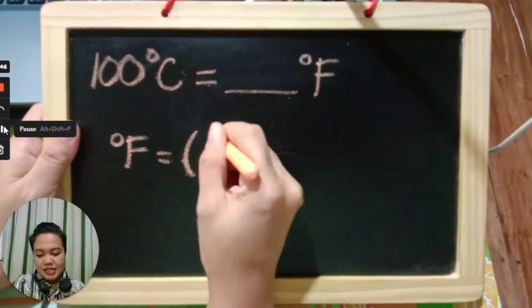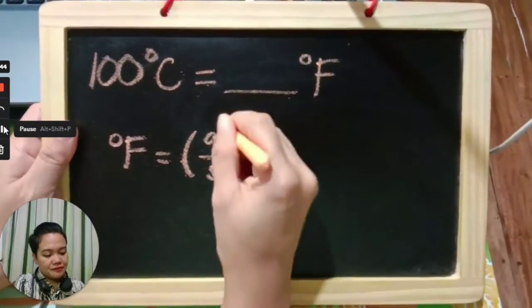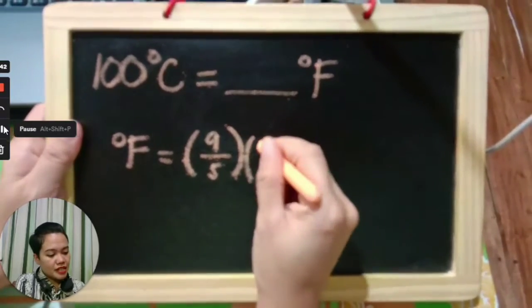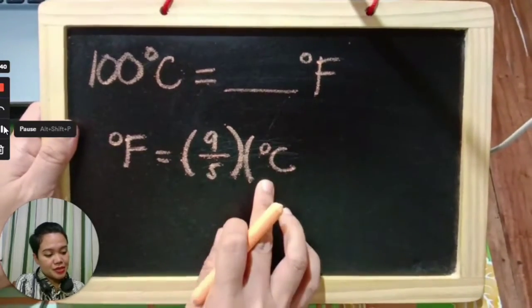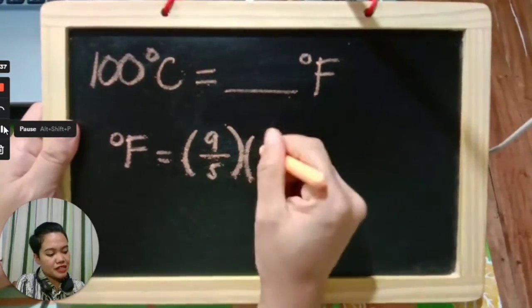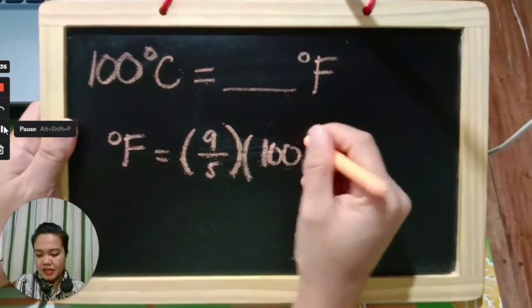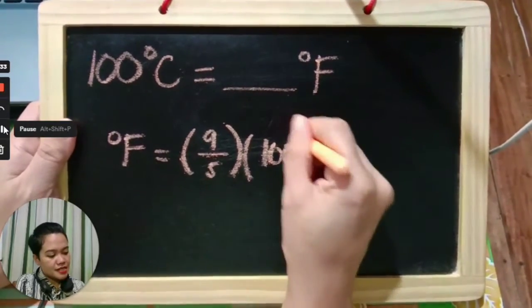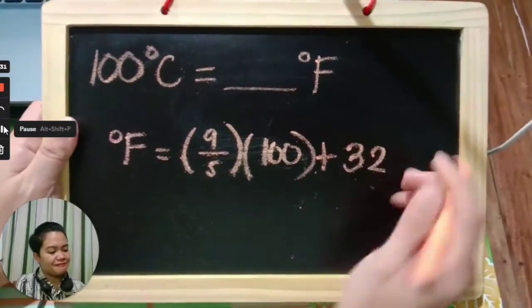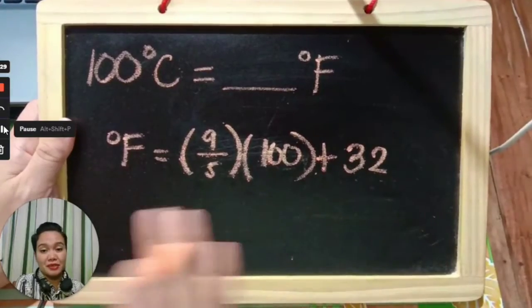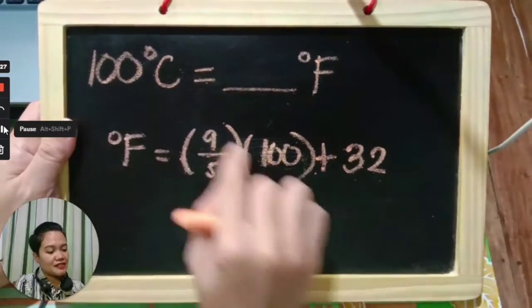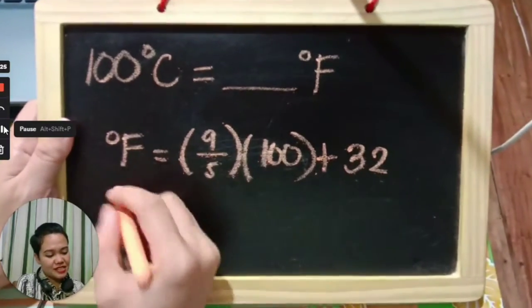The formula is 9/5 times degrees Celsius, the given temperature in degrees Celsius. So we may replace that with 100 plus 32. So we just follow the formula. This 100 is our given temperature in degrees Celsius.